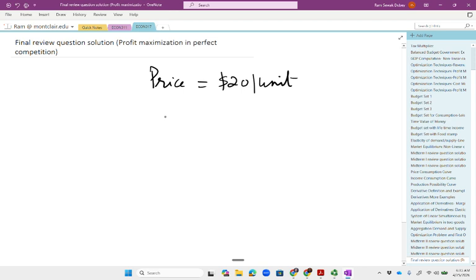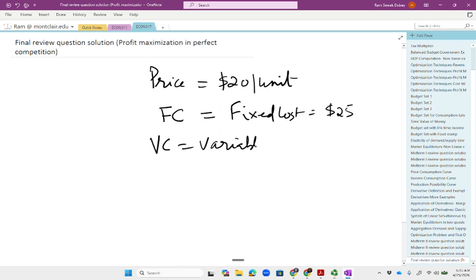For the firm under consideration, we have additional information that its fixed cost is given to be $25 and the variable cost, which is a function of the output it produces, is given to be 2q square, where q is the output.